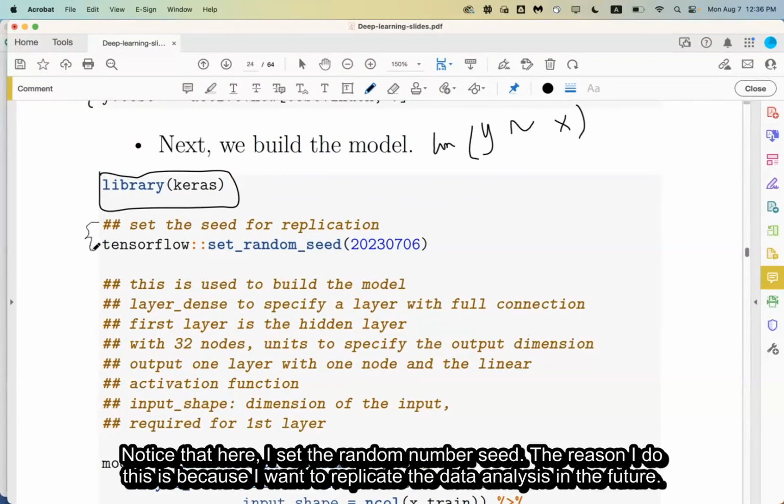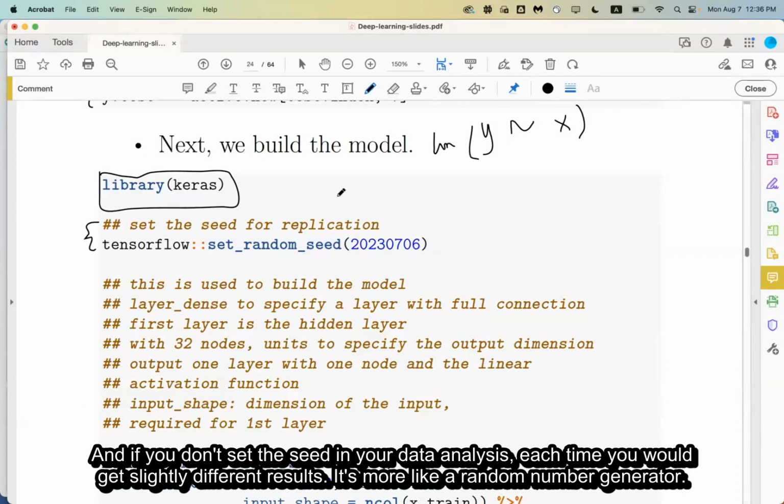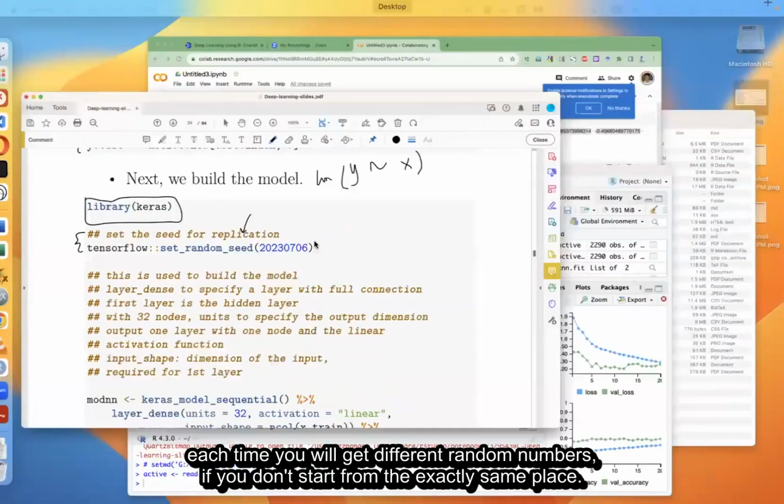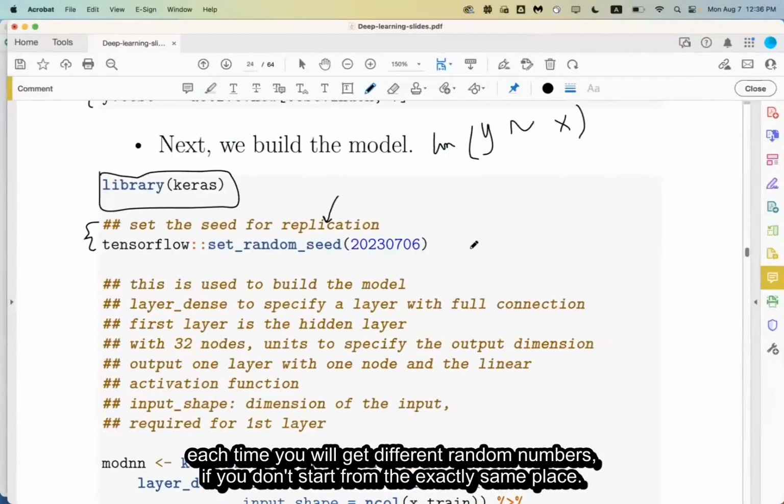Notice that here I set the random number seed. The reason I do this is because I want to replicate the data analysis in the future. If you don't set the seed for your data analysis, each time you will get slightly different results. It's more like a random number generator. Each time you will get different random numbers if you don't start from exactly the same place.